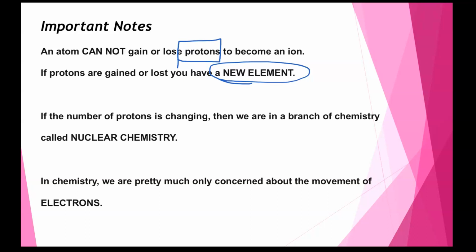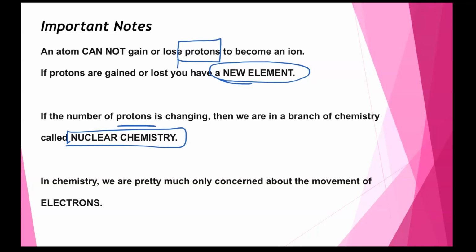So if the number of protons is changing, we are no longer just in chemistry. We are in a specific branch of chemistry called nuclear chemistry, meaning that we are changing the nucleus of the atom. And in general chemistry, we are not really concerned with changes to the nucleus because we need huge amounts of energy to make these changes happen.